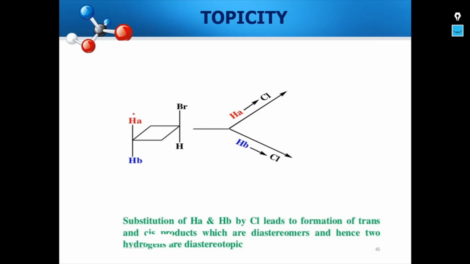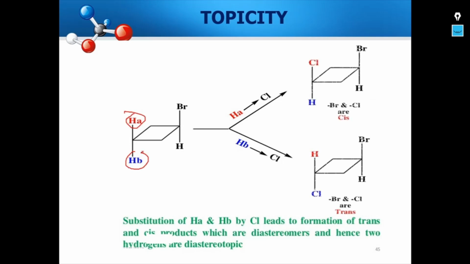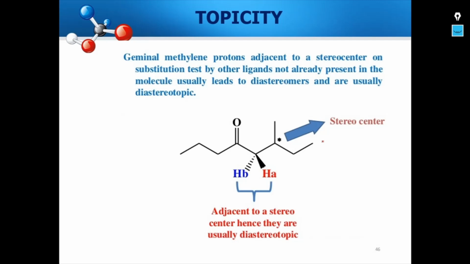Let us take another example. Here again, the substitution of HA and HB leads to the formation of a cis and a trans product, which are diastereomers, and hence the two hydrogens are diastereotopic in nature. Geminal methylene protons adjacent to a stereocenter, on substitution by test ligands, result in the formation of diastereomers, and hence they are diastereotopic.